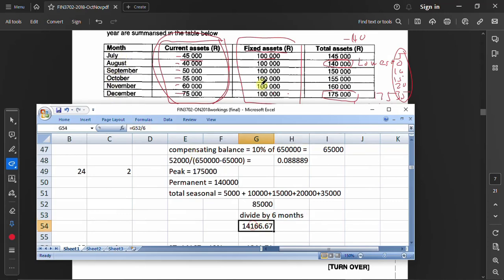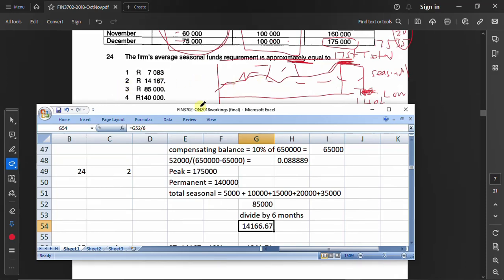So if I'm looking at the seasonal, this is 140, so I need to subtract 140 from all of these. So 145 minus 140 is 5. That's 0. That's 10. That's 15. That's 20. That's now 35.